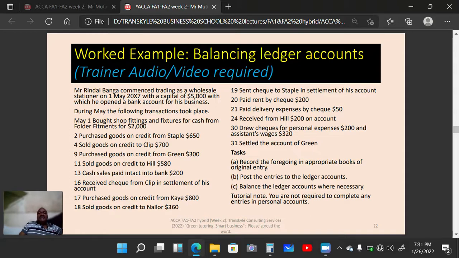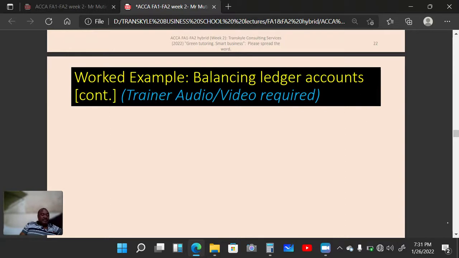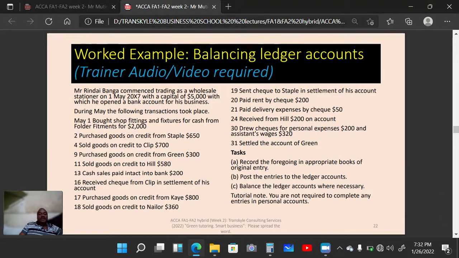When you talk of balancing accounts, we are just saying by the end of the day, the accounts should be balanced, so that we know what is the balance brought forward to the next, I mean, what is the balance brought down to the next accounting period.